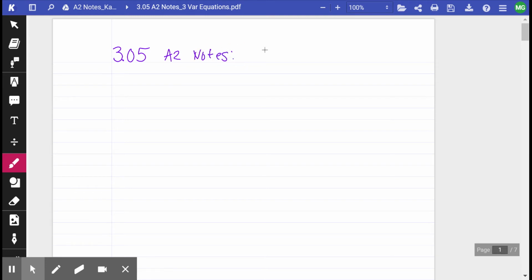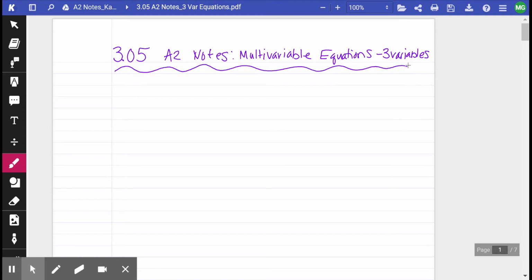And we're going to talk today about multivariable equations, which means we're talking about equations in three variables. Up until now, you guys have done quite a bit of work with systems of equations using two different variables.